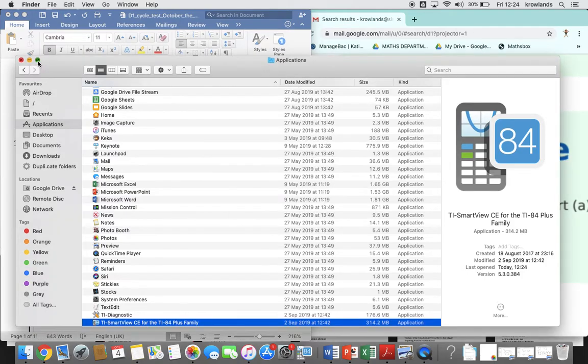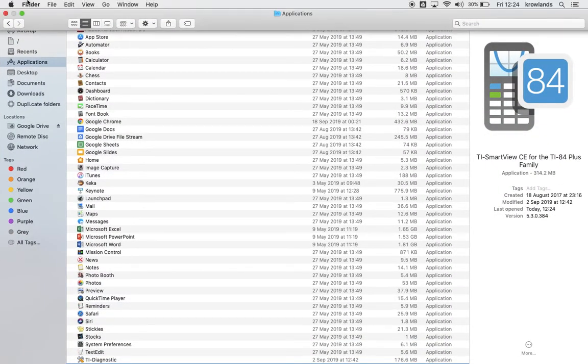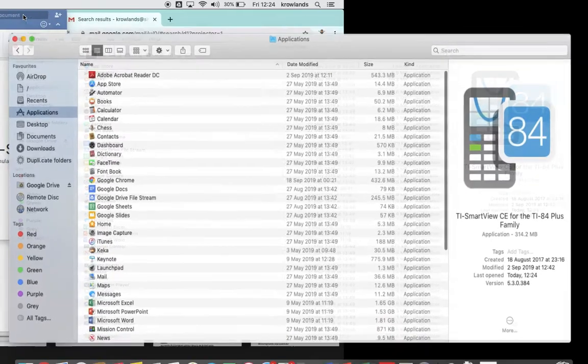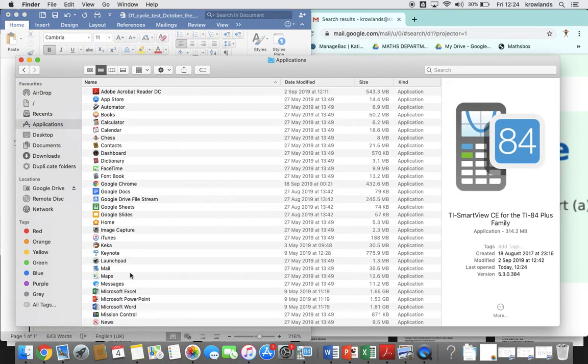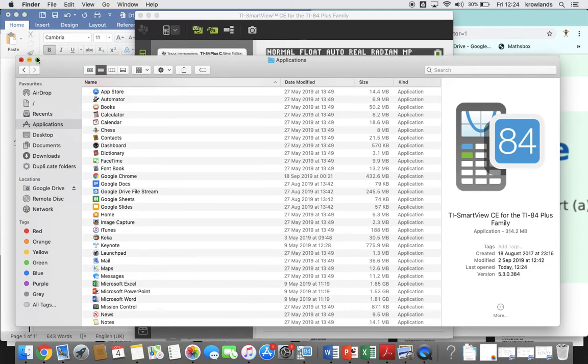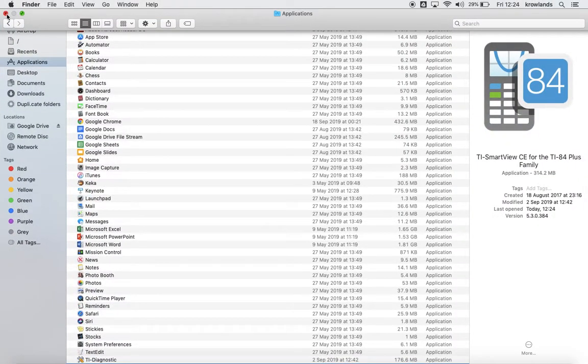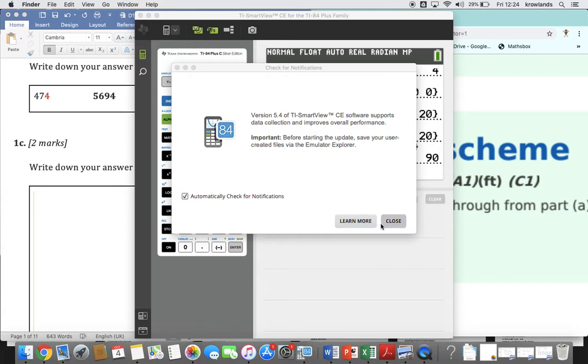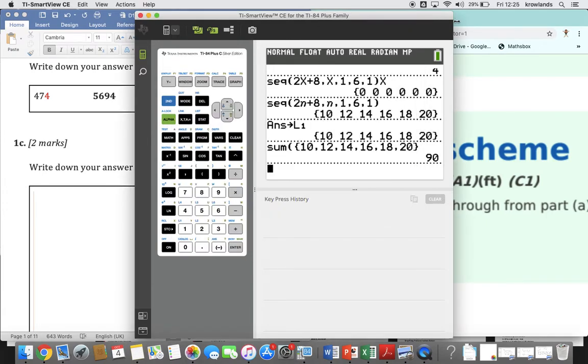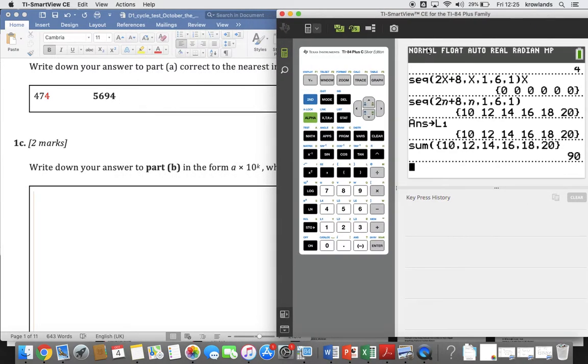Once I've opened the calculator, we'll be able to see how to answer this question. I'm going to minimize this and move the calculator over here. All you have to do is type in 474 into the calculator and it'll do it for you.